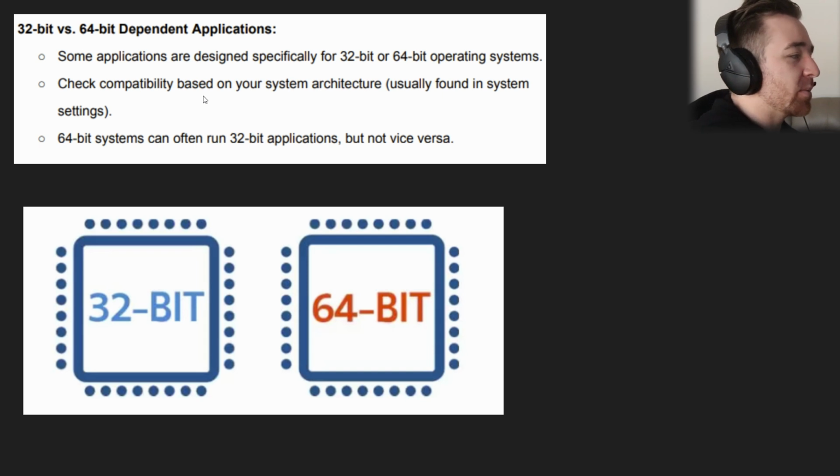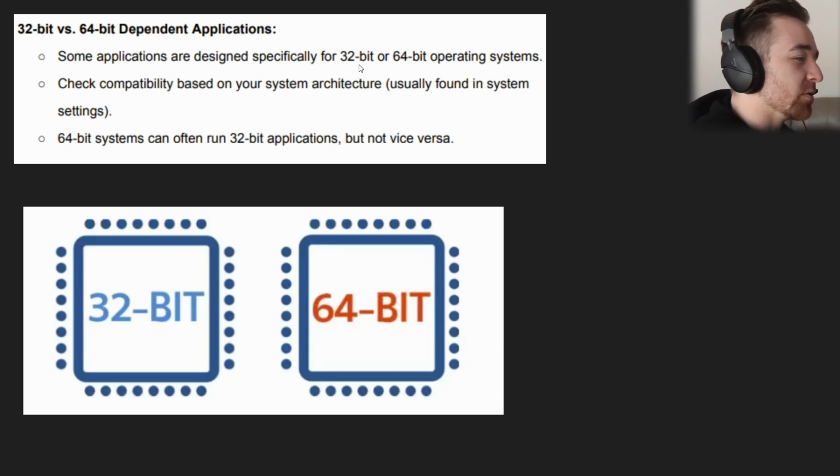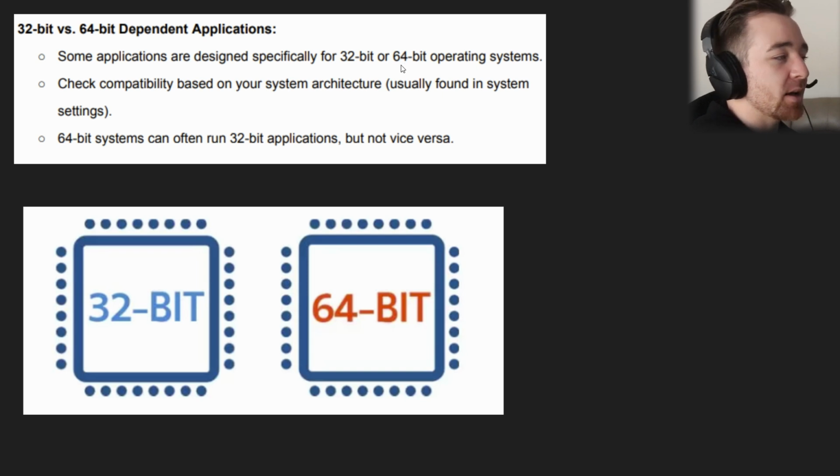So make sure you check your compatibility based on the architecture that your system has, and you can find that information in your system settings. 64-bit systems can often run 32-bit applications, but not vice versa. So if you have a 64-bit operating system, you are likely going to be able to run 32-bit applications. But if you have a 32-bit operating system, you're almost certainly not going to be able to run a 64-bit application.